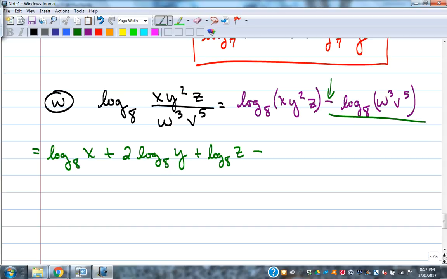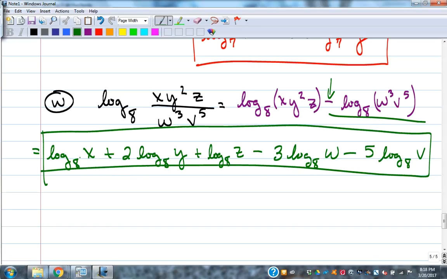You could write it like you're adding. Yes, that would be how I would do that. So what does the w cubed turn into? 3 log base 8 of w, and then another minus because I'm subtracting all of that, 5 log base 8 of v. And we've expanded that all the way there. Okay.